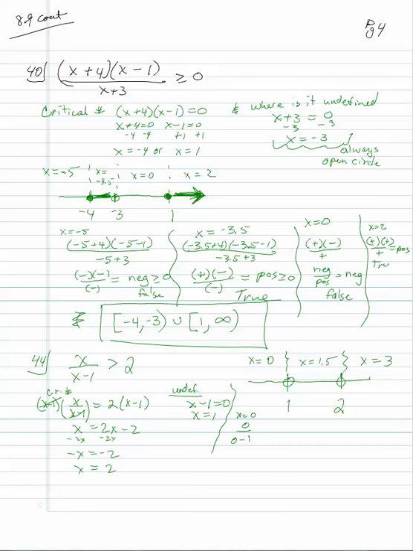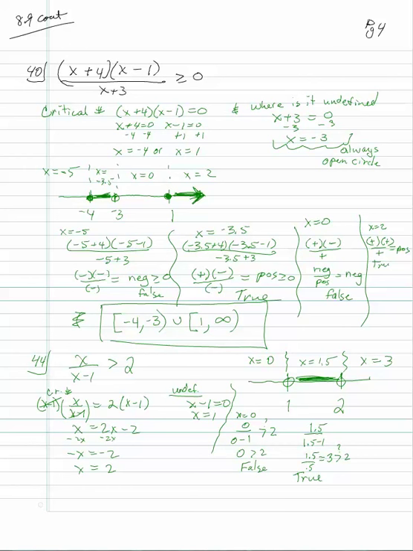We're going to get 0 over 0 minus 1 and ask the question, is that a true statement or a false statement? 0 greater than 2, that's false. Pick one in the middle. You're going to get 1.5 over 1.5 minus 1, which is 1.5 over 0.5, which is 3. And is 3 greater than 2? And that's true. So we want that piece.